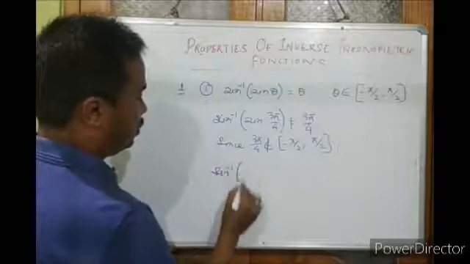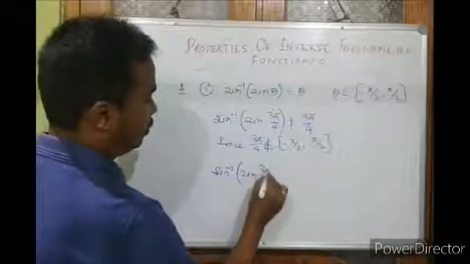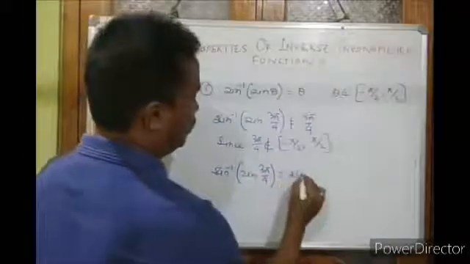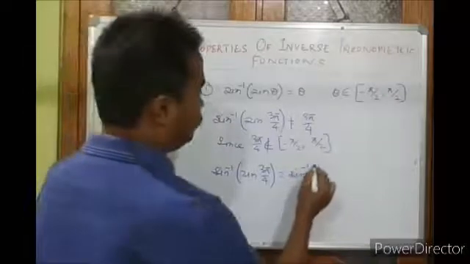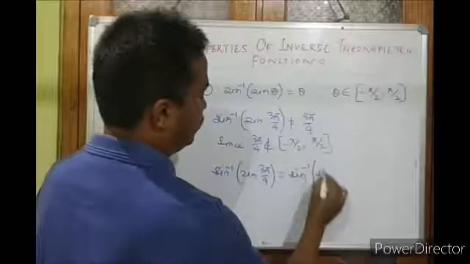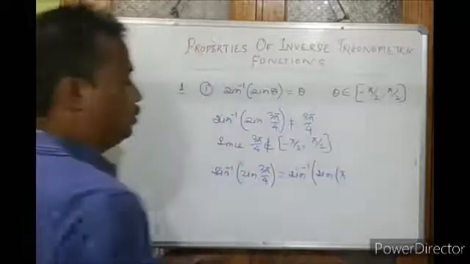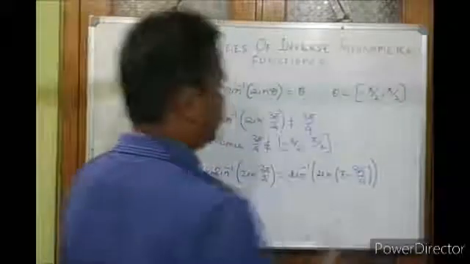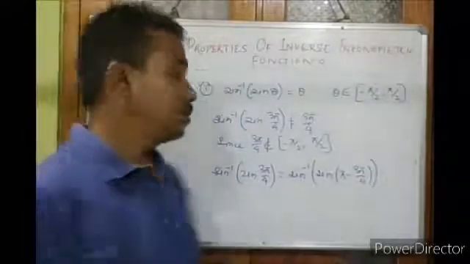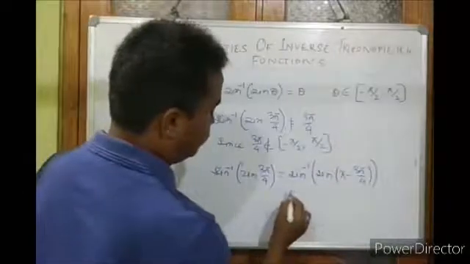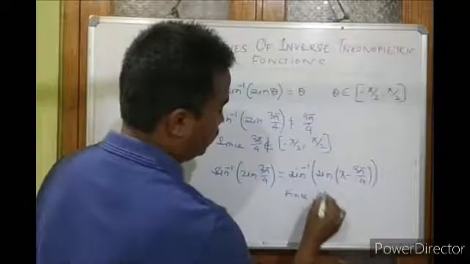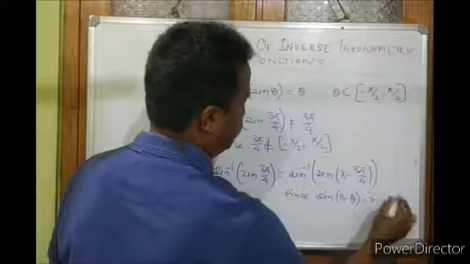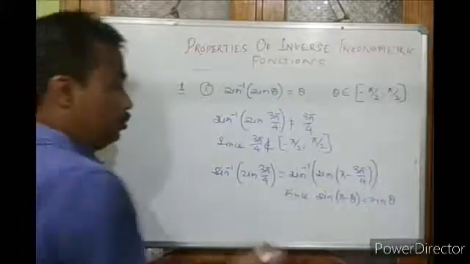Sine inverse sine 3 pi by 4, you can write as sine inverse sine of pi minus 3 pi by 4, because sine of pi minus theta equals sine theta, we know. So we have to use this formula.